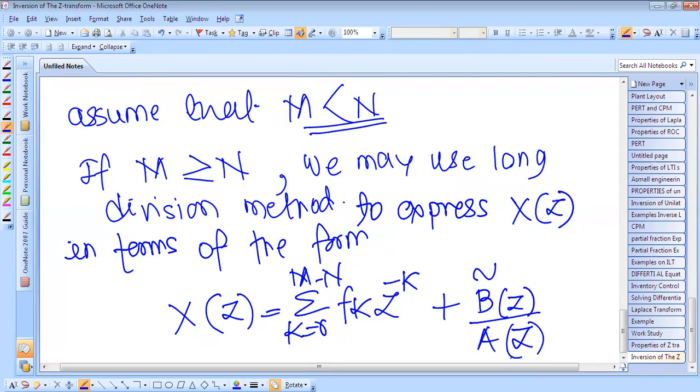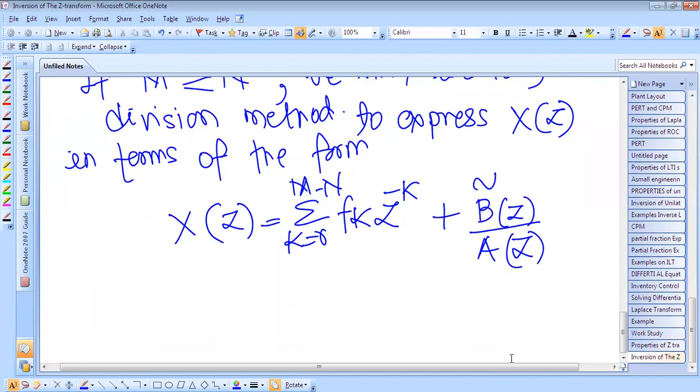So this is when m is greater than n, we use long division to express x of z in this form.